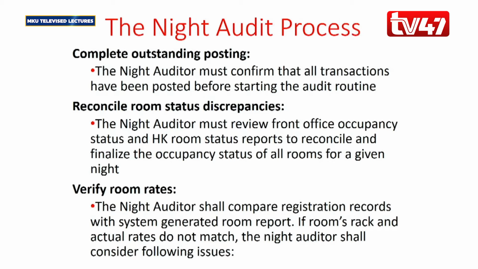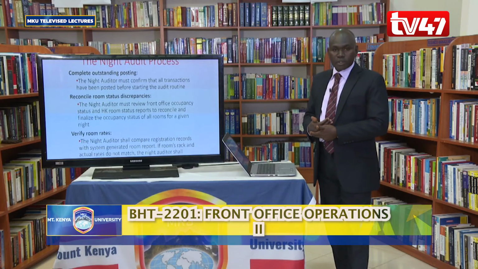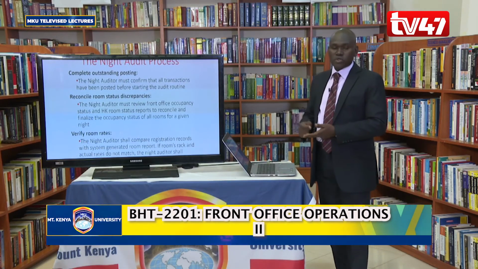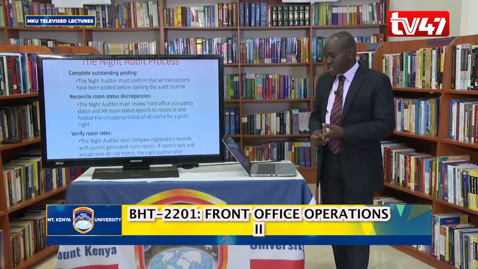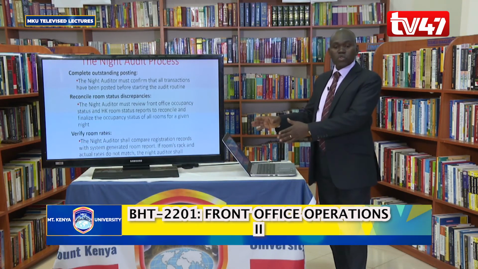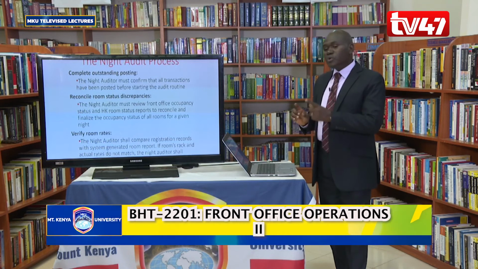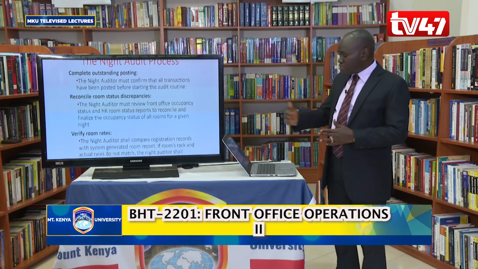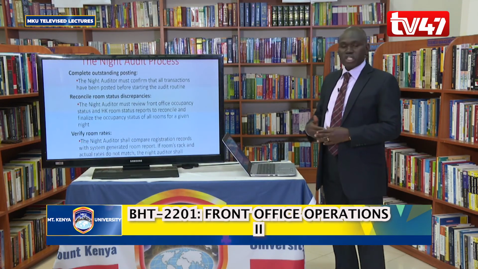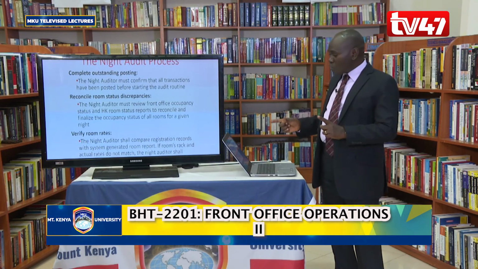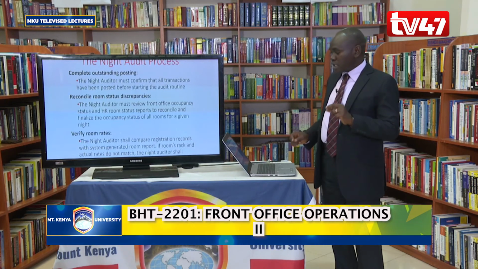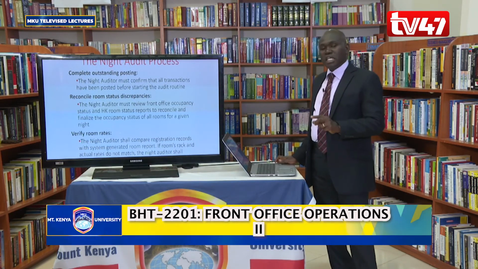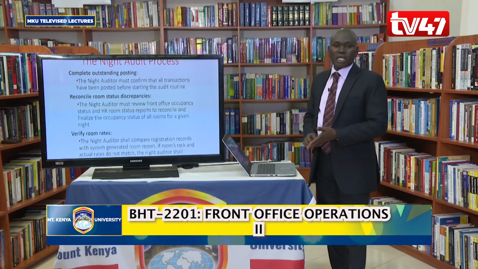So the front office has their own occupancy status because they are the ones who are selling the rooms and checking out the guests, and housekeeping also has their own occupancy status report because they are the ones who are actually servicing the rooms. So we expect that these two reports should be able to reconcile. And this is part of what we're talking about, the cross-referencing. So the night auditor will first of all want to make sure that if there's any discrepancy between the two room statuses, it is taken care of.